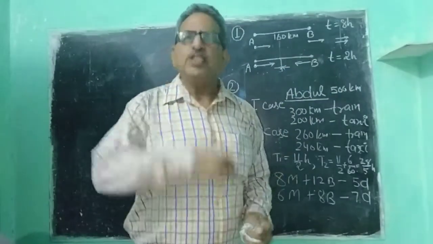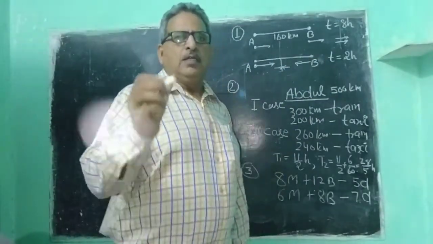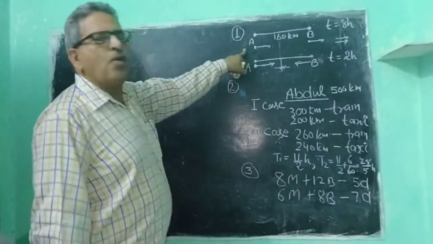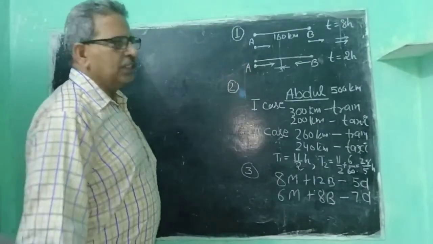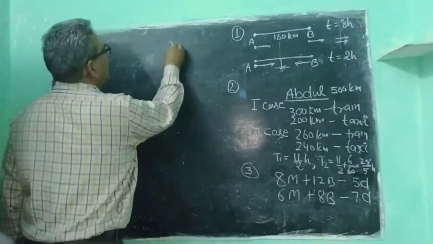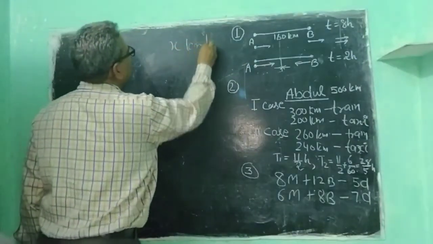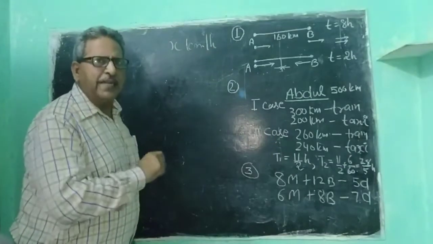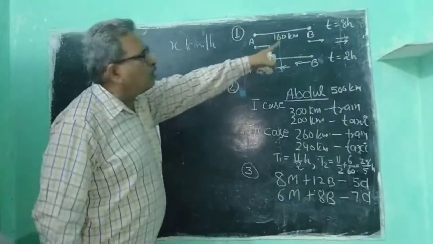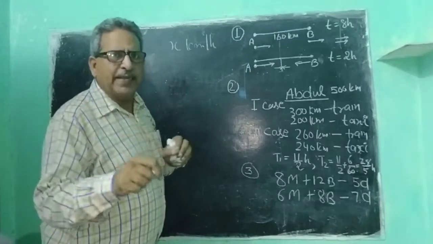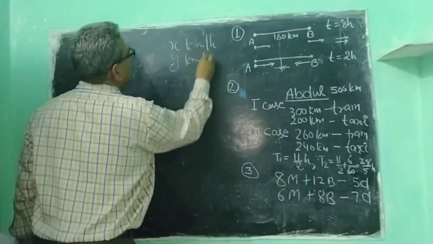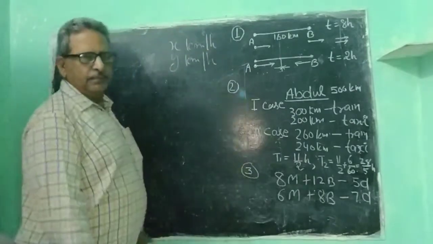Okay, so let us begin. Suppose the car which starts from A has the speed x kilometer per hour, and the second car which starts from B has the speed y kilometer per hour.